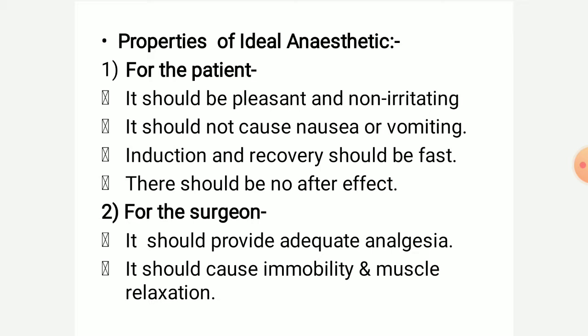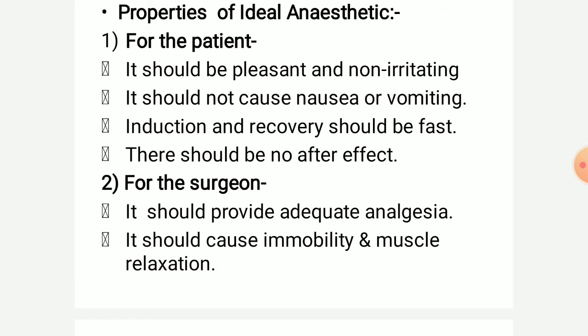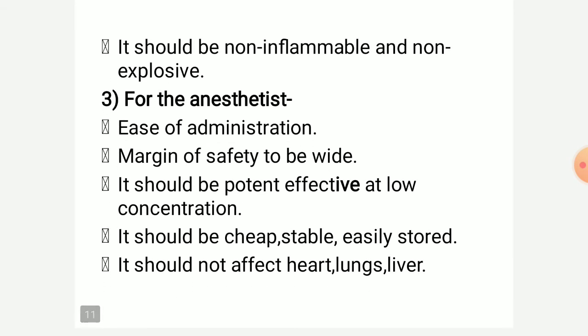Then the ideal properties of general anesthetics for the surgeon. It should provide adequate analgesia, means loss of sensation. It should cause immobility and muscle relaxation. It should be non-flammable and not explosive.